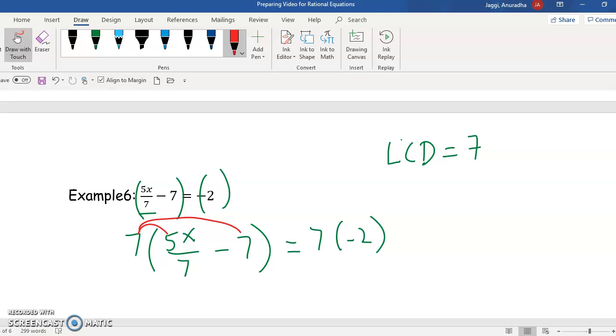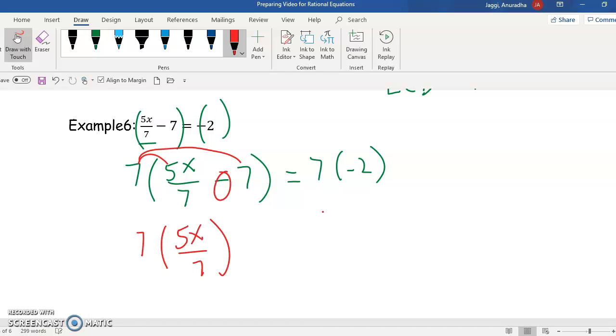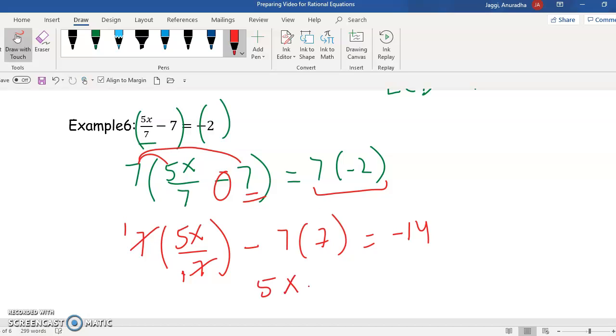When you do that, you get 7 times 5x by 7. Copy the minus, minus 7 times 7 is equal to 7 times negative 2 is a negative 14. This 7 and this 7 get cancelled because they're in numerator and denominator, so that's 1 and 1, and you get a 5x minus 49 is equal to negative 14.